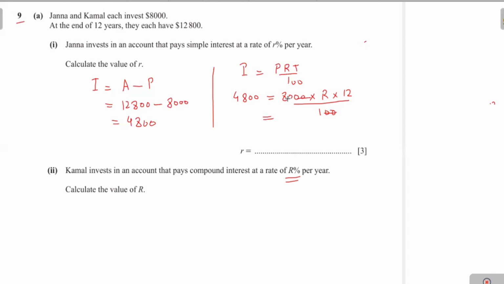We can write 12 times R will be equal to 4,800 divided by 80 multiplied by 12. 12 times 4 is 48 and 20 is written as it is. We can write R will be equal to 400 divided by 80, and this will be equal to 5%, which is the simple interest rate.